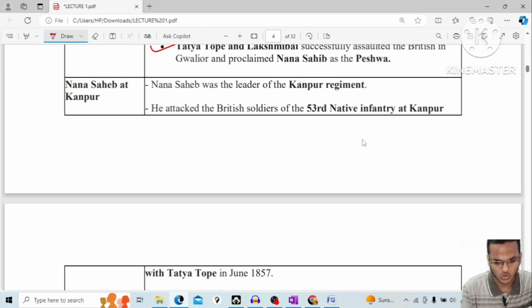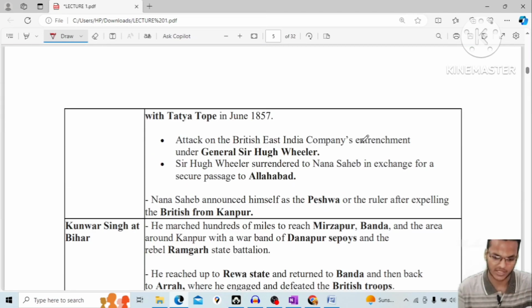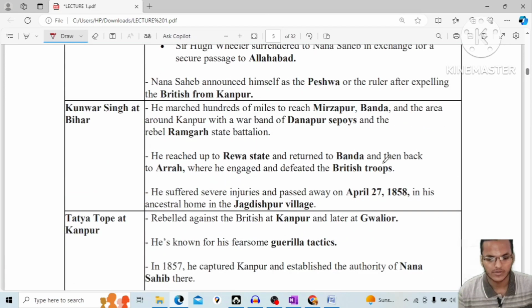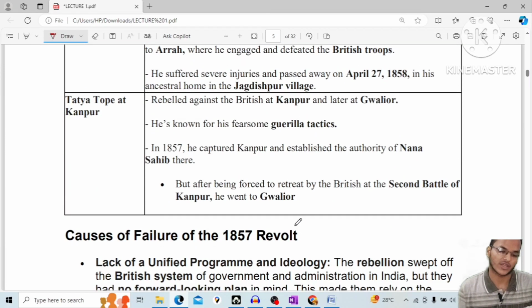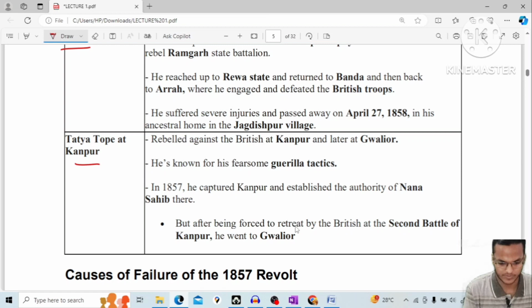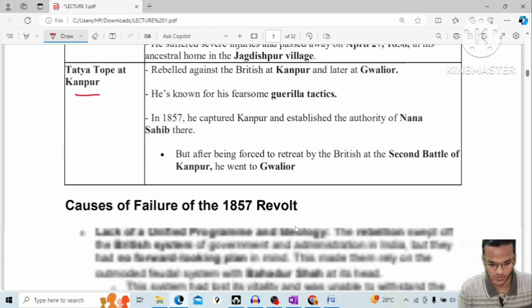Nana Sahib and Tantia Tope attacked the British soldiers of the 53rd Native Infantry at Kanpur. Kunwar Singh at Bihar. Tantia Tope at Kanpur.